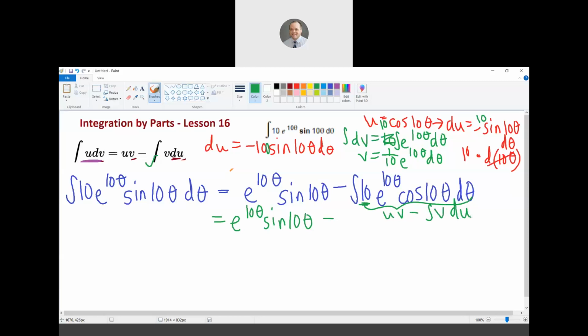All right, so u was 10 cosine of 10 theta times v, which is 1/10 e to the 10 theta. Don't need the d theta up there anymore.